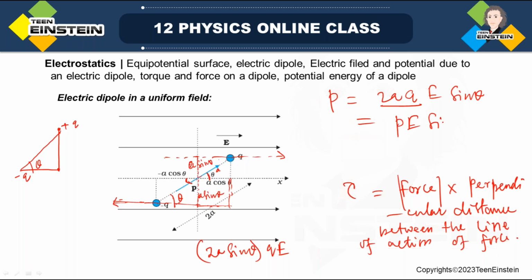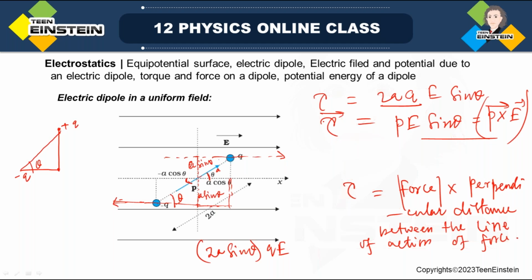So p E sin theta means p cross E. So this p cross E is the torque, tau. Okay, this is the electric torque.